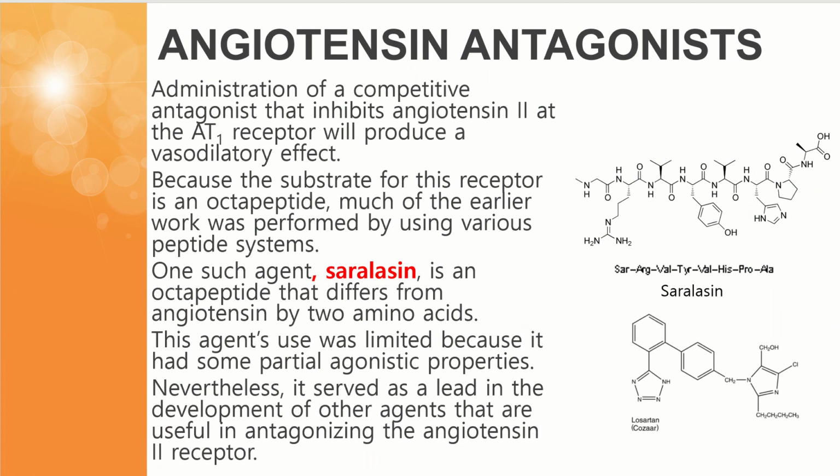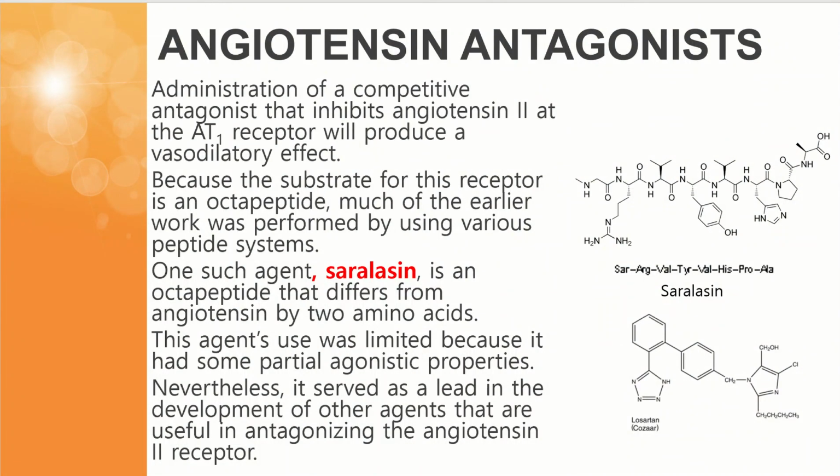The administration of competitive antagonists that inhibit angiotensin 2 at the AT1 receptor will produce a vasodilator effect, because the substrate for this receptor is an octapeptide.